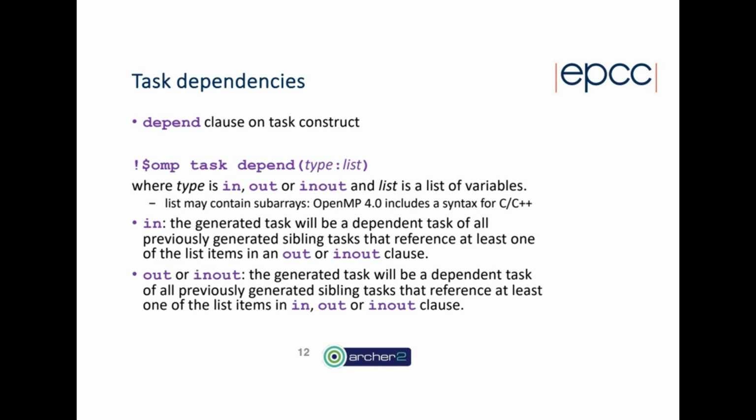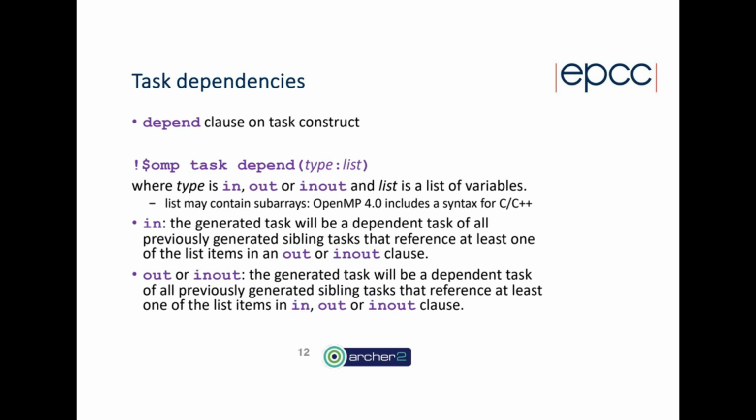If a task reads a variable, then you'd want that as an in dependency, and that means previous tasks that write that thing should have completed first. Or if it's a write, that specifies that subsequent tasks that read it need to be executed afterwards. That's the basic idea here.